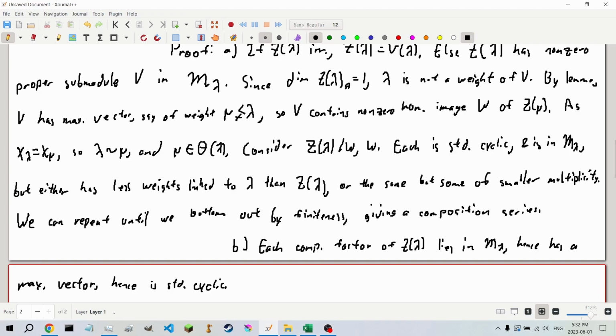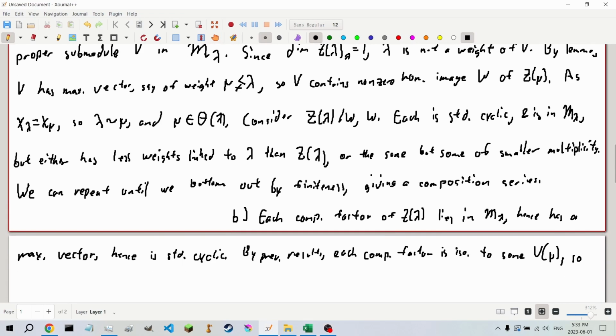And from previous results, each composition factor must be isomorphic to some V of mu.